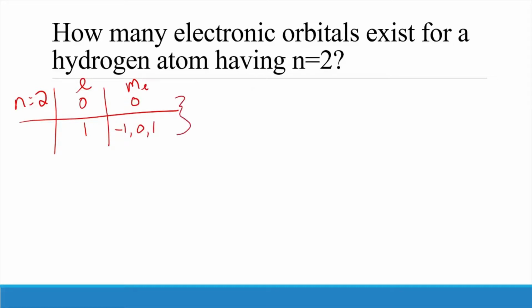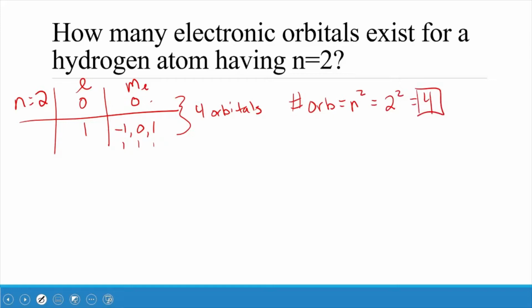So this gives us a total of 1, 2, 3, 4 orbitals. The really quick, easy way is that the number of orbitals is equal to n squared, 2 squared, 4. Either way, you get the same answer. It just depends on if you want to know what those orbitals are and where they are.